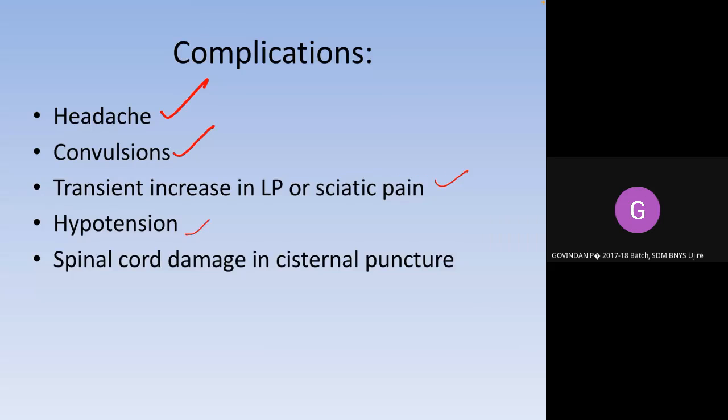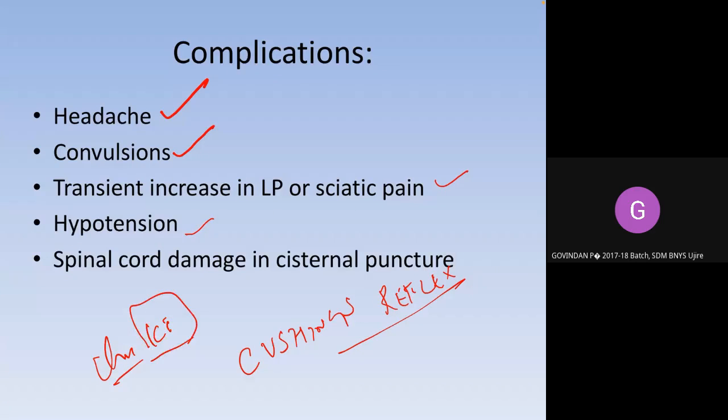What is Cushing's reflex? Cushing reflex. Clue is it is related to intracranial tension. What is Cushing's reflex? Sir, can you repeat the clue, please?